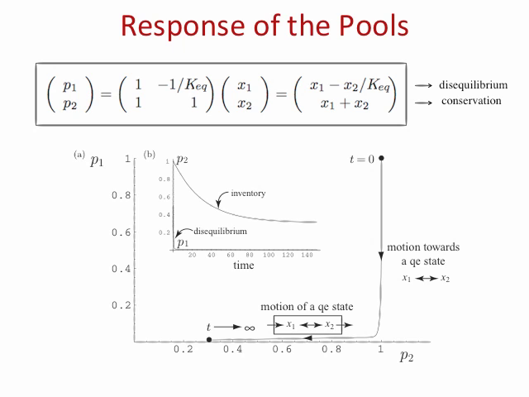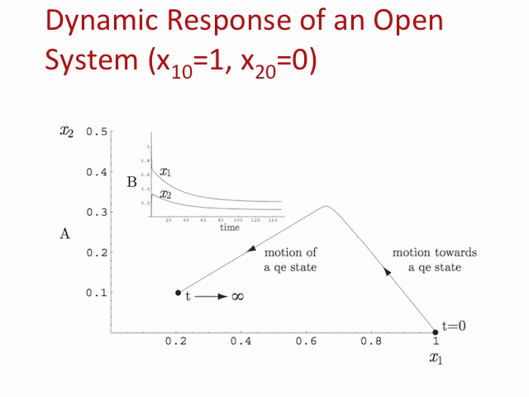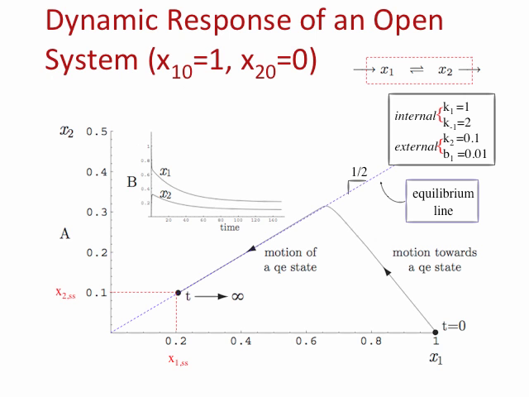I can transform the concentrations into pools. Before I do that, let me return to this slide and discuss insert B briefly. Insert B shows x1 starting at 1, dropping very fast, and x2 rising very fast, and this is on this time scale of unity, just like the response was in chapter 4.